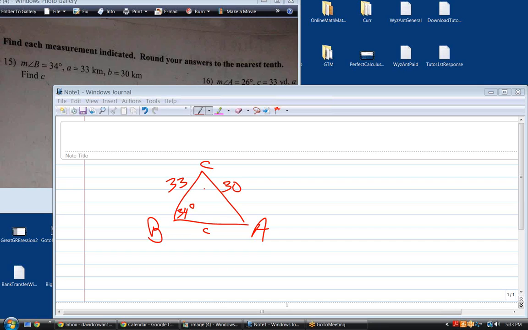This is a very unique situation where you have an angle, the adjacent side, and the opposite side. Furthermore, this angle that we know is less than 90 degrees. With those conditions, it's possible that we could have the ambiguous case of the law of sines.